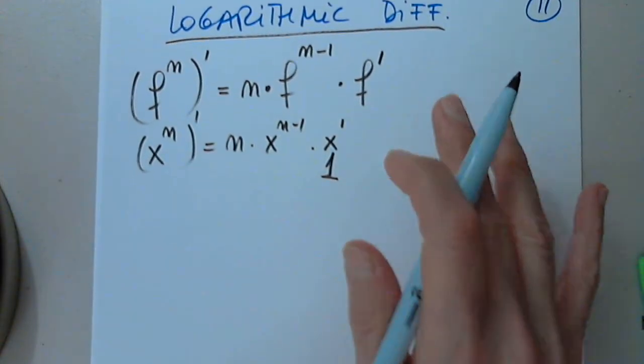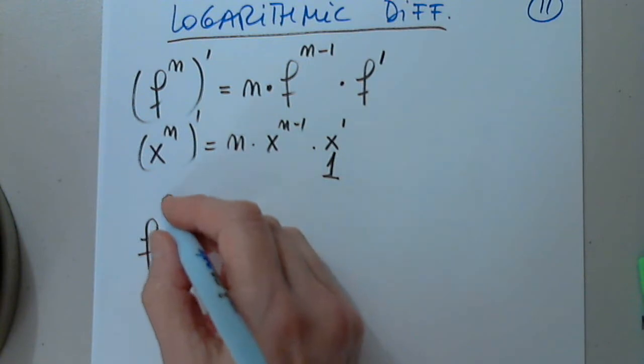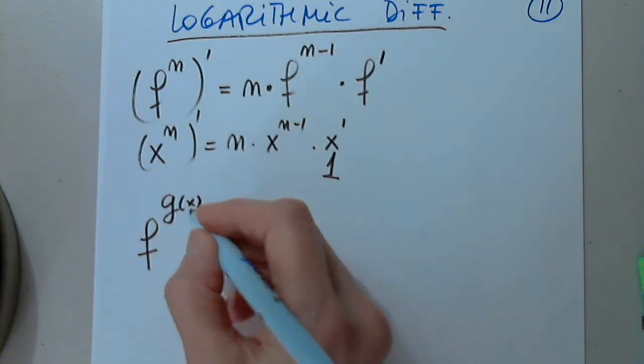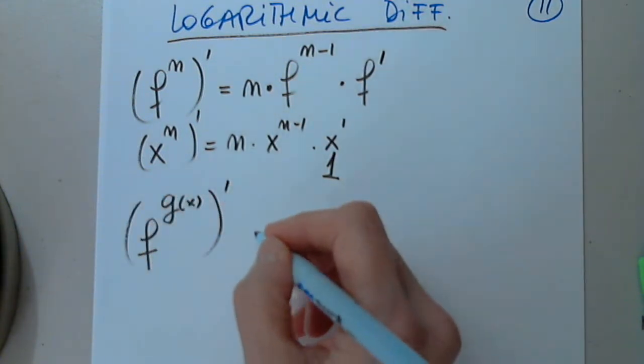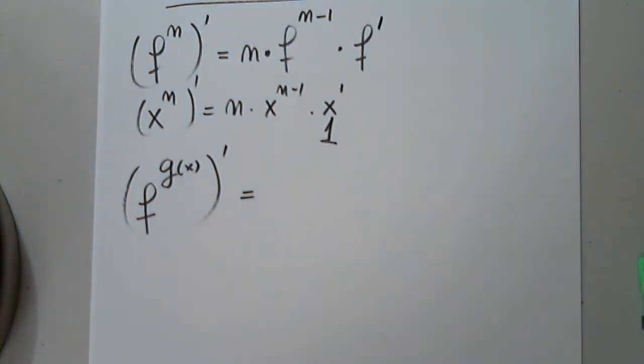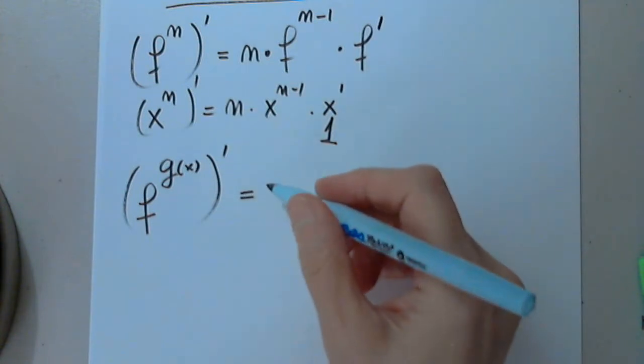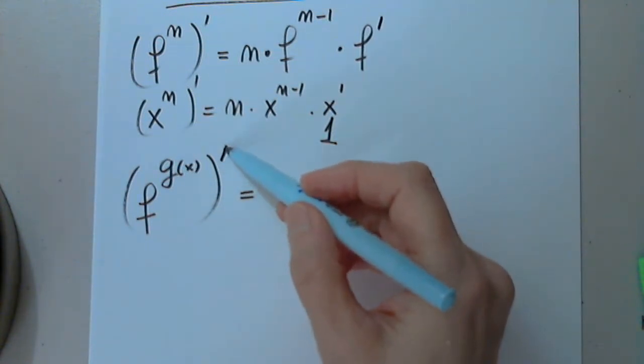Okay. Now here's a question for you. What happens if I have a function raised to another function? What do you think? Would it be the function it's raised to times the first function?